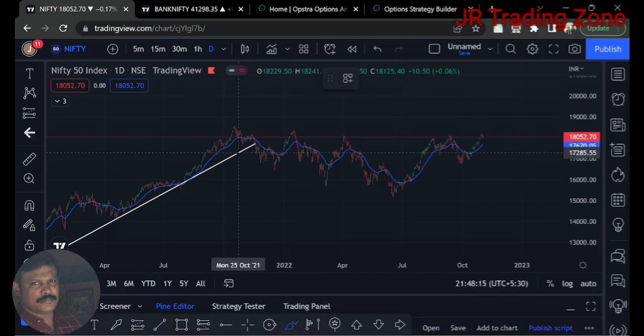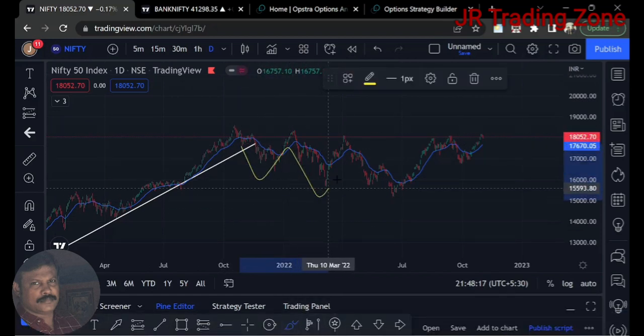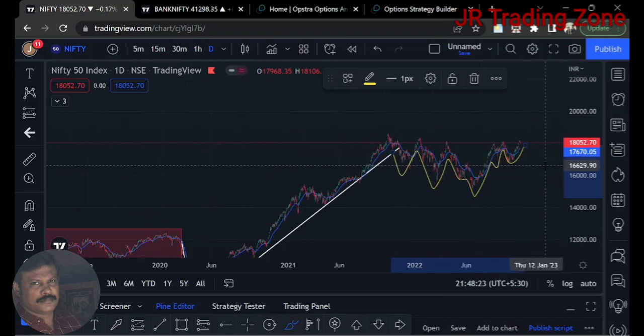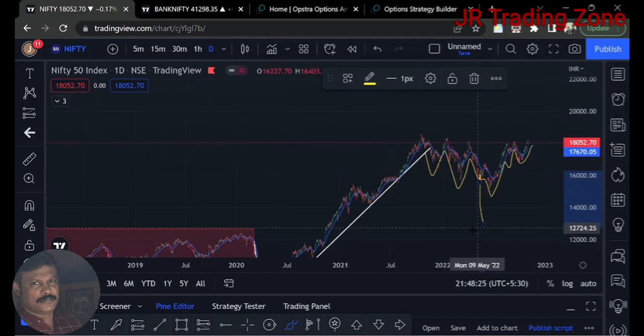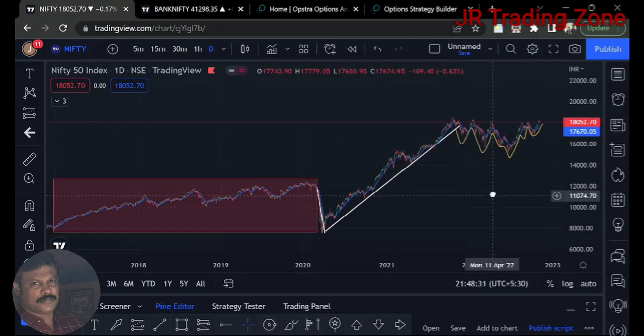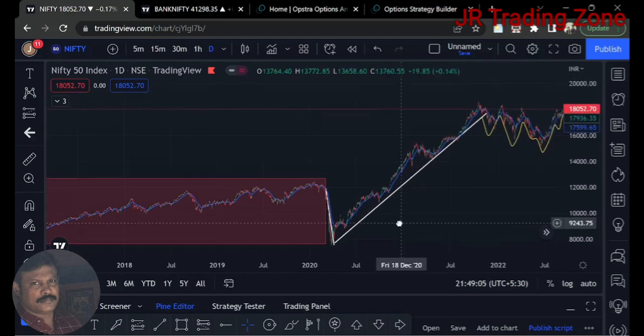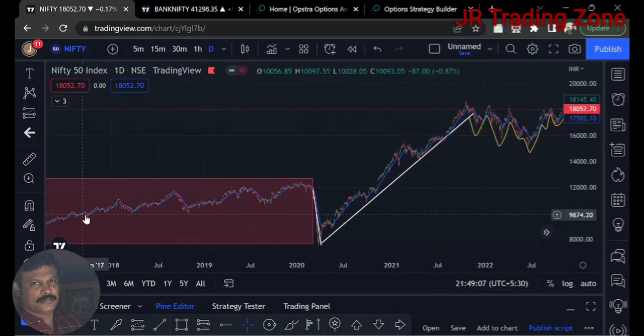Just a minute. A highly volatile pattern. See, three types of pattern I am showing you. See it clearly. Okay, 2016 to 2020, it is steadily going up but without gaps.